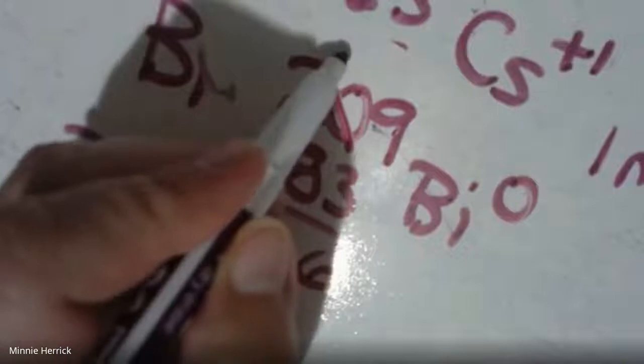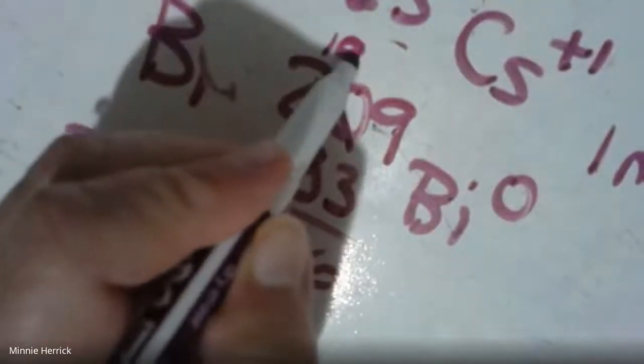The 20 minus 8, you're not carrying it yet, so it's basically going to be a 2, and then that's 126. So 126 neutrons, 83 protons, and since it's 0 charge, you have 83 electrons.